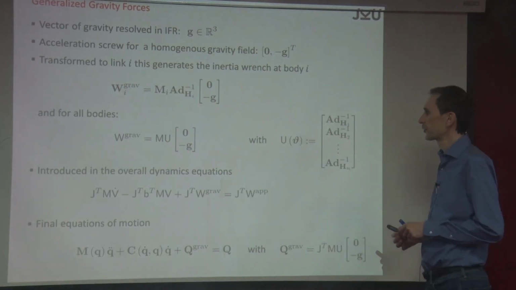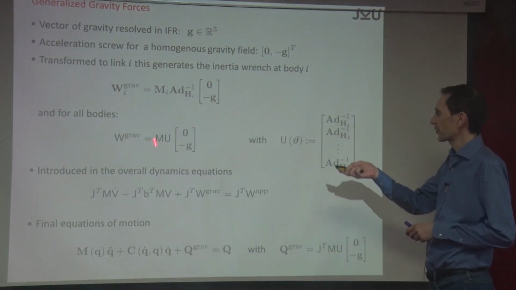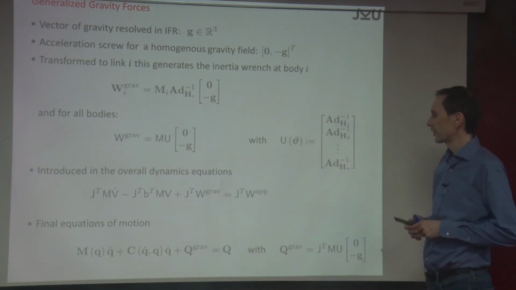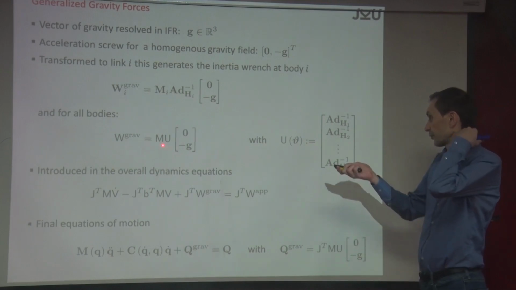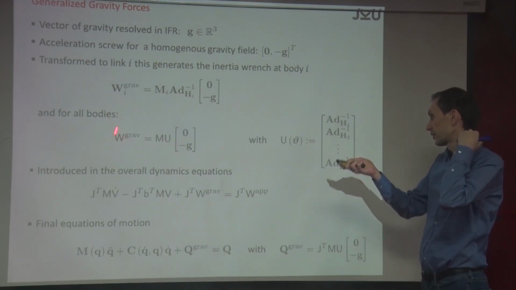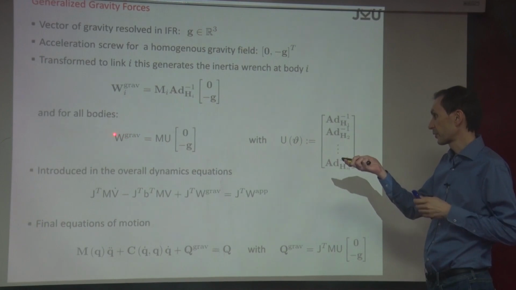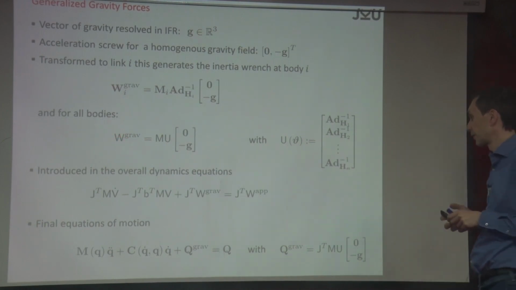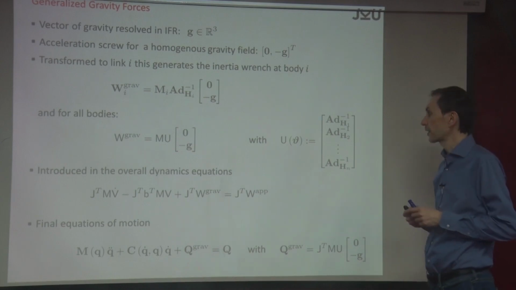Then you can do this using, again, the big matrix M, and just sum them up in the vector, and this formula gives you the complete gravity for all the bodies. So essentially what you have here is W1 up to Wn. Okay, I guess this is good so far.